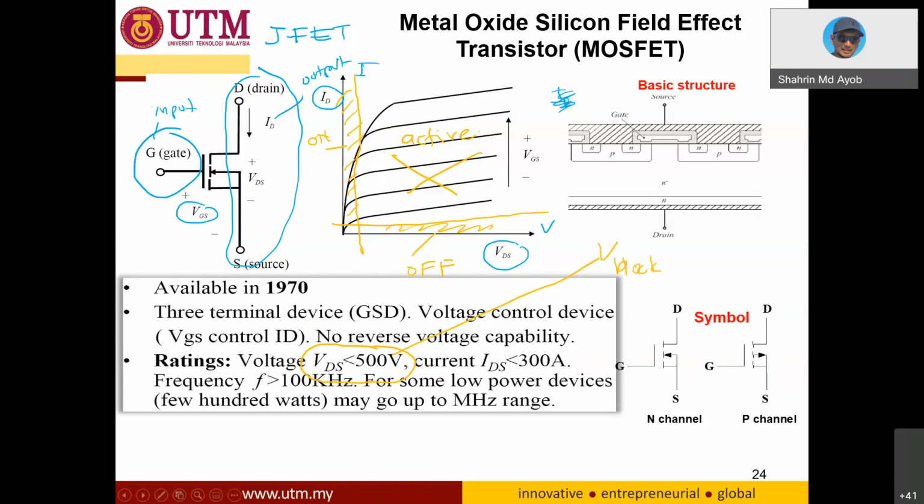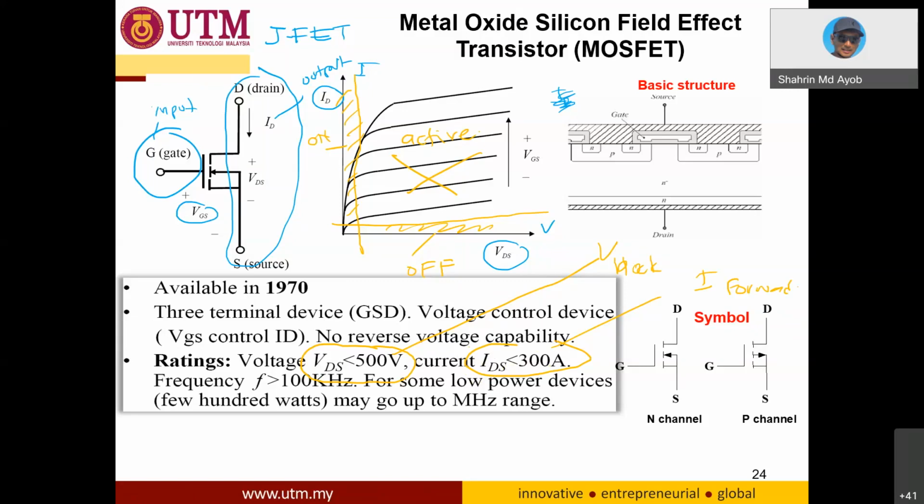Okay, 500 volt maximum it can withstand. And the current, this is IDS, the forward current during turn on. The maximum current that can flow inside the MOSFET is also not very high. Okay, less than 300. Maximum is 300.